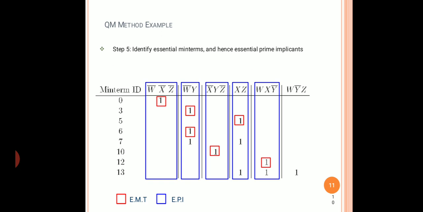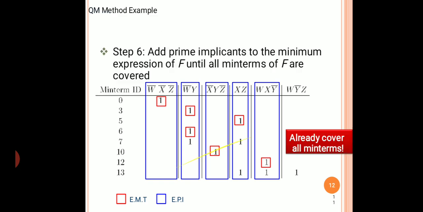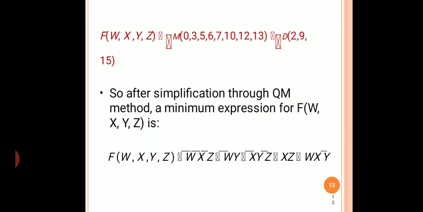Because if you observe the min term ID 6, the red square is there in only the W bar, Y column, that's why this should be included in the answer. That's why all the min terms are covered, and this is how we will get the answer.